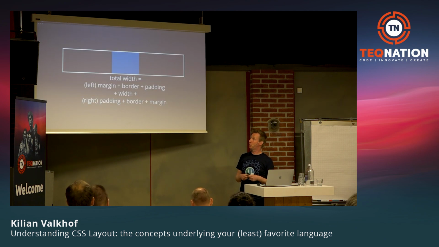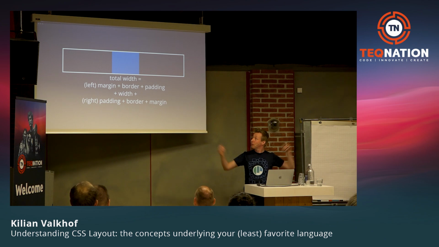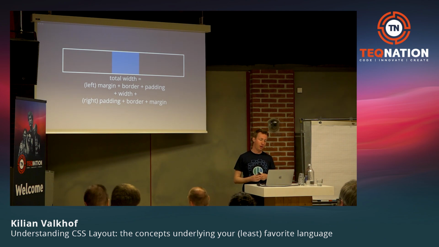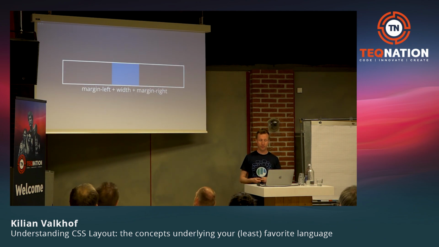Now, this is the official formula. So the total width is the left margin plus the border plus the padding plus the width plus the right padding plus the right border plus the right margin. But because borders and paddings are fixed values, we can simplify it to just this.